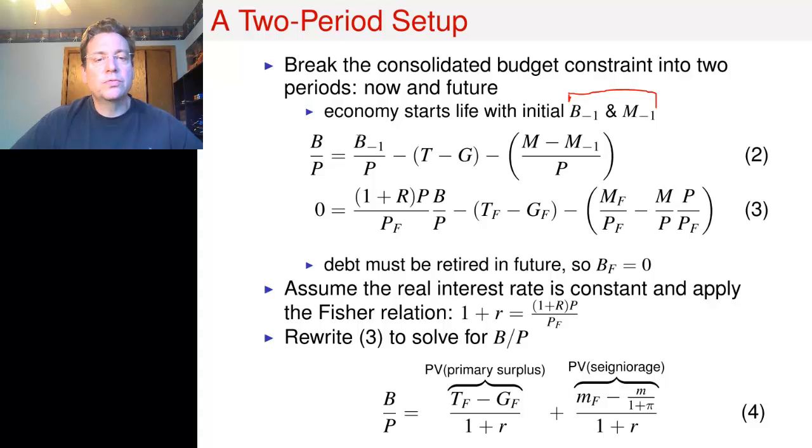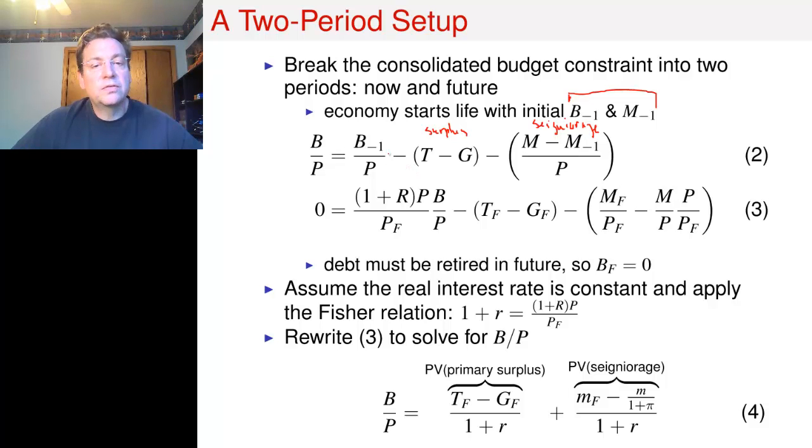B negative 1 over P is the real value of the debt that gets inherited from the beginning of time. T minus G is the primary surplus. And this is seigniorage. So that's revenue from creating money.